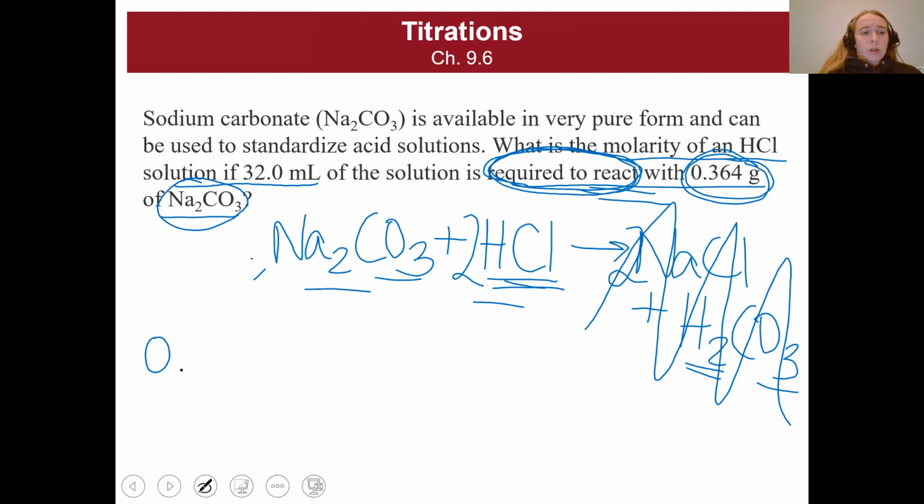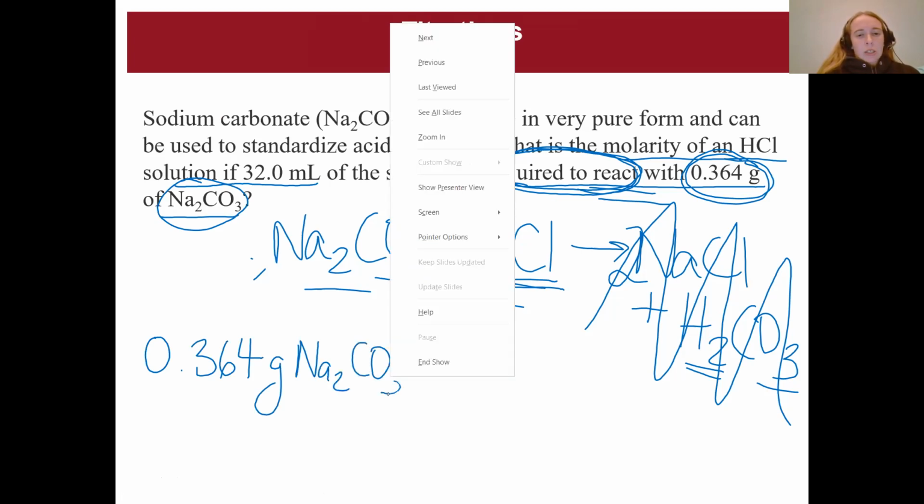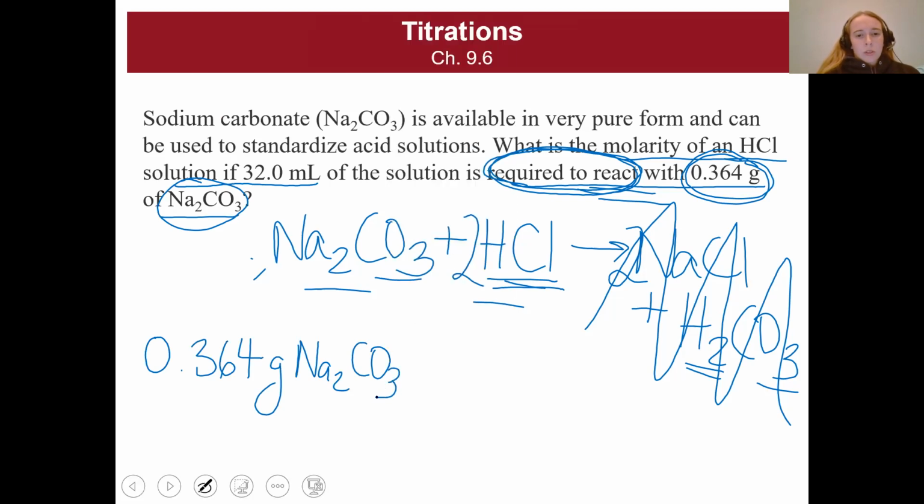So we start with our mass, just like I showed you on the roadmap. So 0.364 grams of sodium carbonate. And we use our molar mass as our conversion to go to moles.